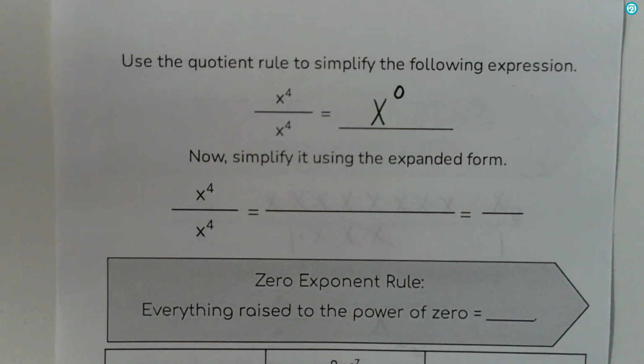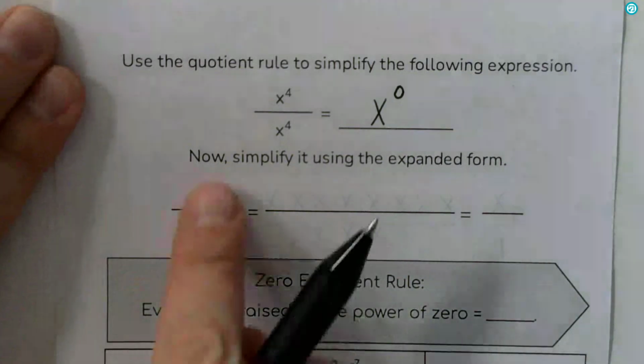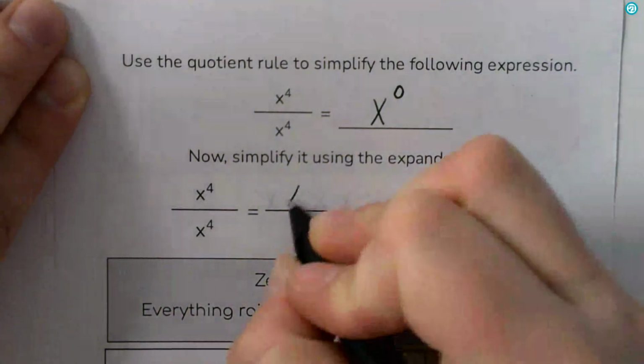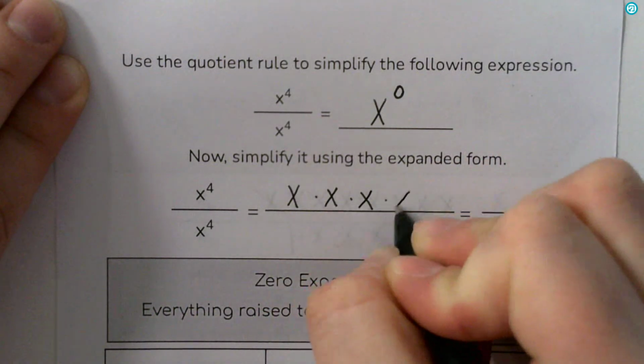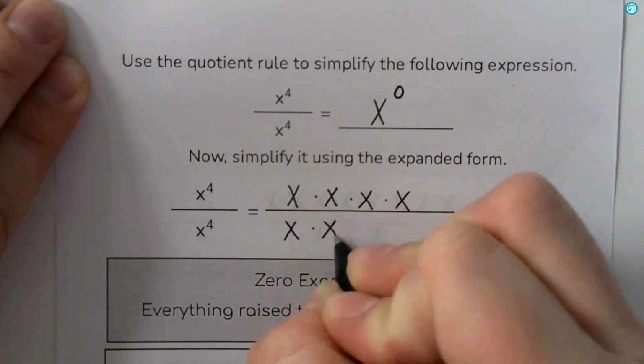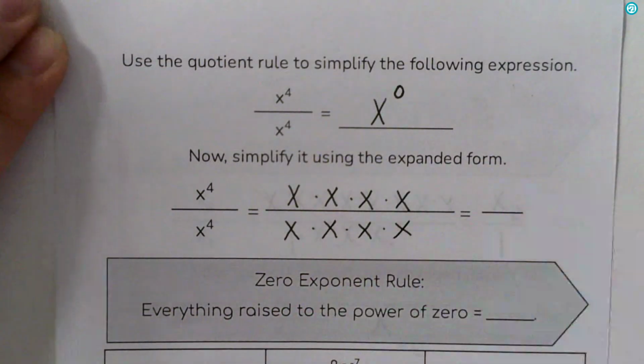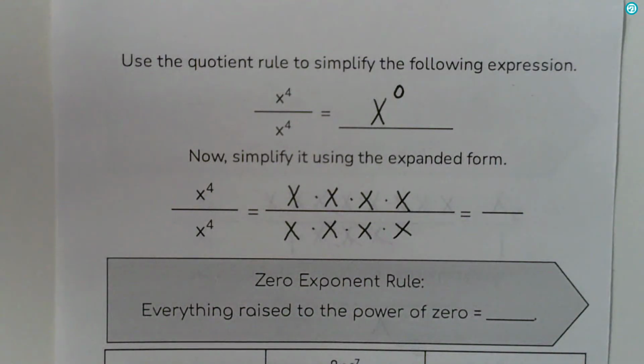Okay. Just like having a negative exponent is weird, having an exponent of 0 is weird. So let's expand this one and see if we can figure out what this is equal to. So x to the 4th over x to the 4th. So I'm going to put 4 x's on top and 4 x's on bottom. Okay.